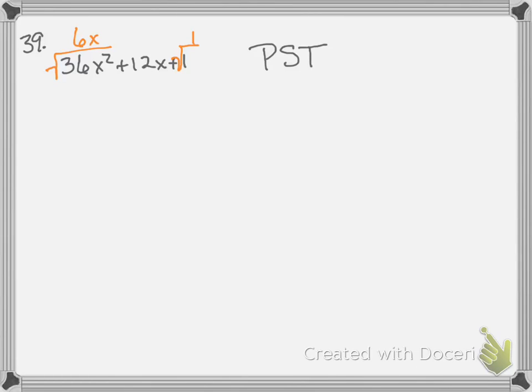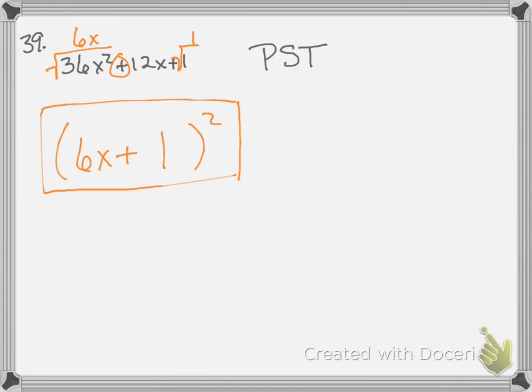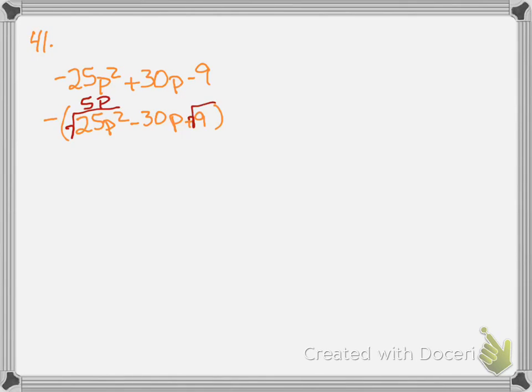This is a perfect square trinomial again for number 39. Okay. 41. Another perfect square trinomial. But we have to factor out the -1 first.